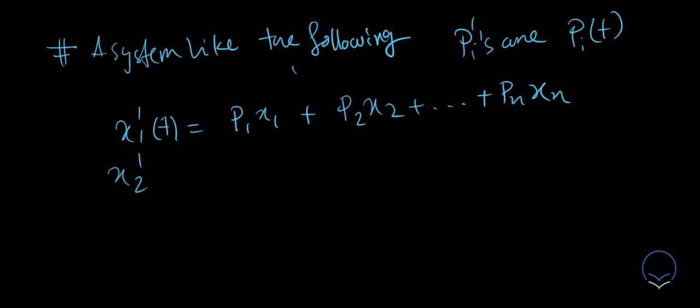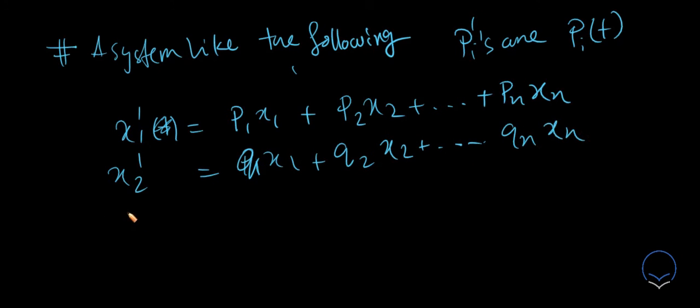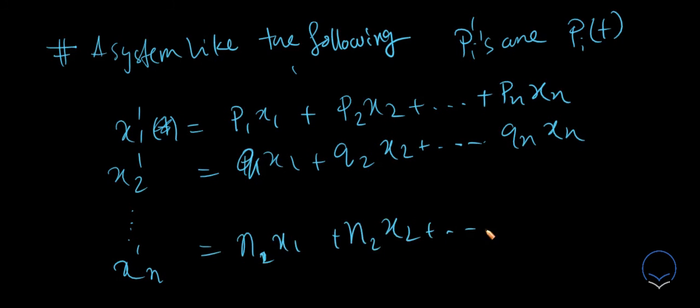Similarly x2 prime will be q1 x1, q2 x2, dot dot dot, qn xn, and so on, and this goes up to x of n. And let's say here you have n1 x1, n2 x2, dot dot dot, plus nn xn.